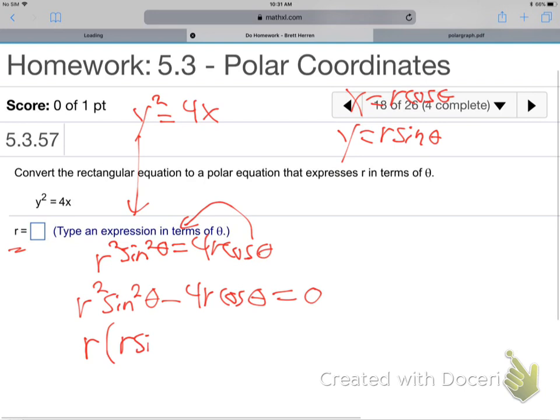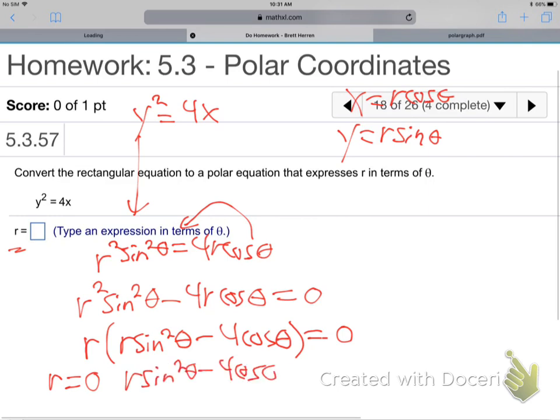And that'll be r sine squared minus 4 cosine. And then basically you set each one equal to 0 separately. Right, because two things are timesing to equal 0. So that means either one could be 0 to make that true. So that second one, r sine squared of theta minus 4 cos theta equals 0.